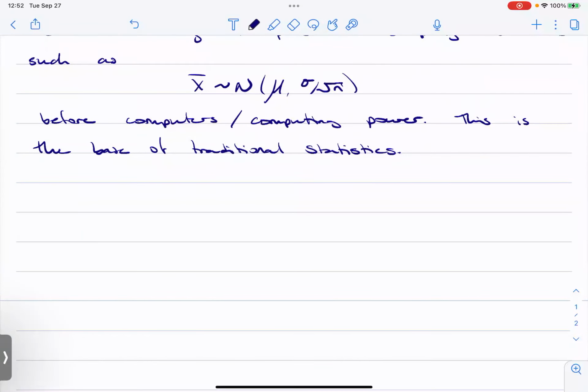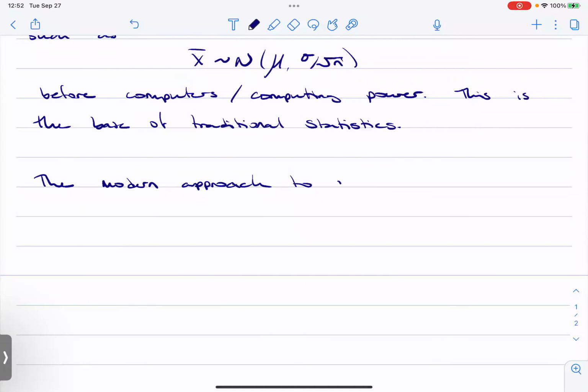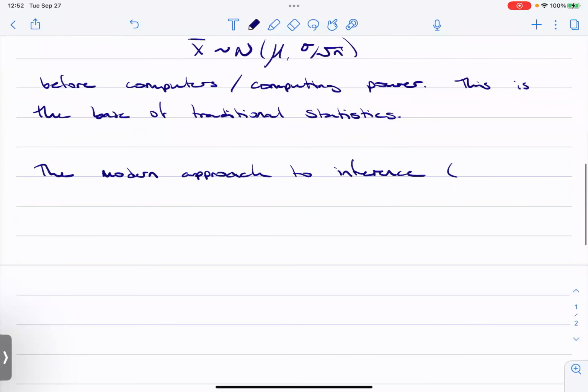Okay? And so the modern approach to inference, remember, inference is the umbrella term that we use for hypothesis testing and confidence intervals.